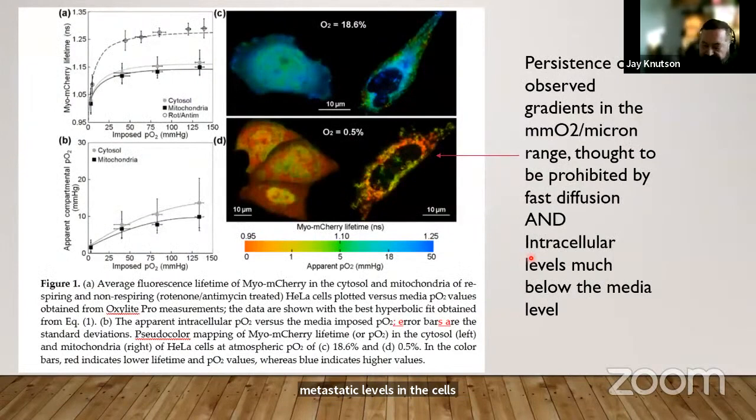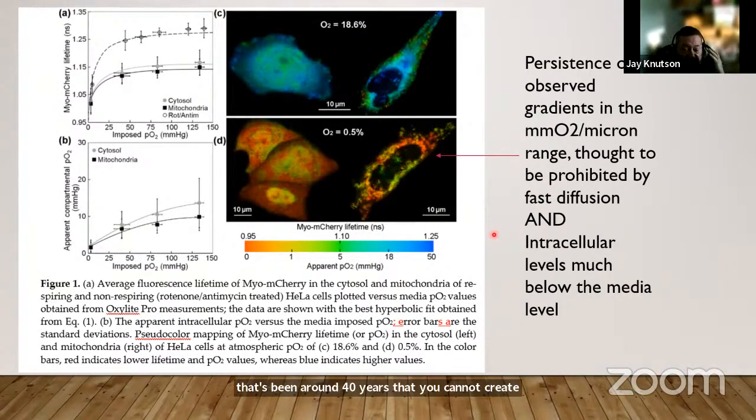So this has been a useful tool, and we've applied it to several systems, but we've been troubled, and so have our critics on our review panel, because there's a prevailing belief that's been around 40 years that you cannot create intracellular oxygen gradients that are significant. There were dimensional arguments made that something much less than 1/10 of a millimeter of mercury per micron was the highest gradient possible.